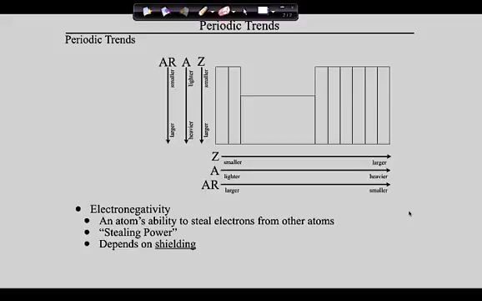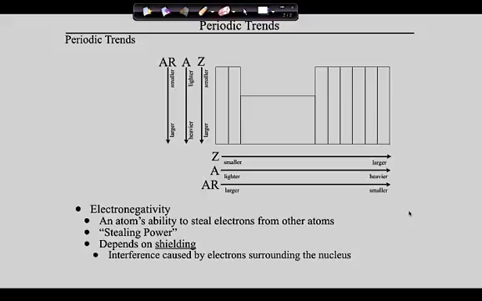What is shielding, you ask? Shielding is the interference that is caused by electrons surrounding the nucleus. And you're saying to yourself, I have no idea what that means. You're not supposed to. Just write it down, and I'm going to show it to you in just a minute.